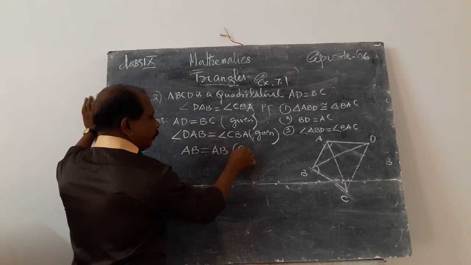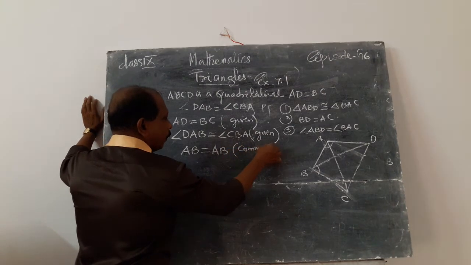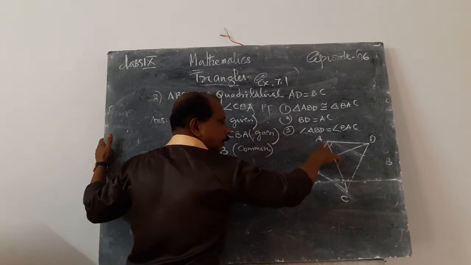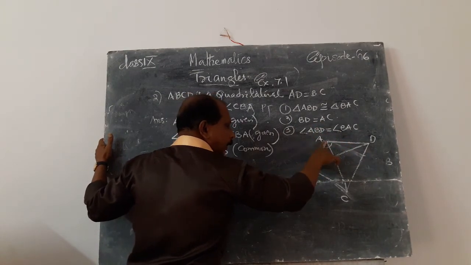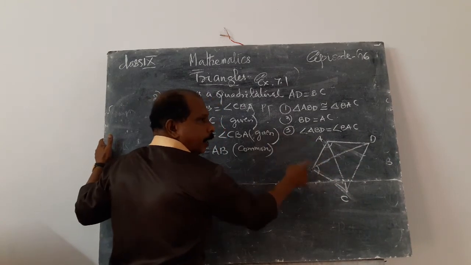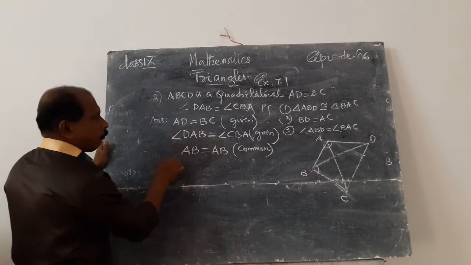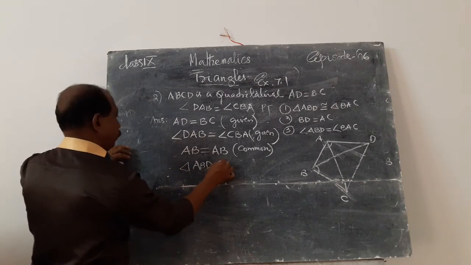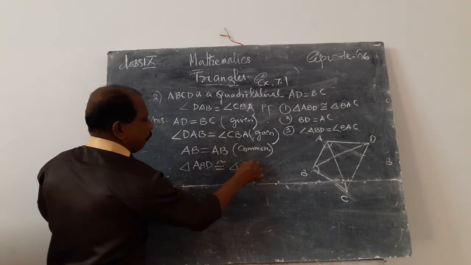That is common. That means one side, angle, other side. That is side angle side. Therefore, triangle ABD is congruent to triangle BAC.